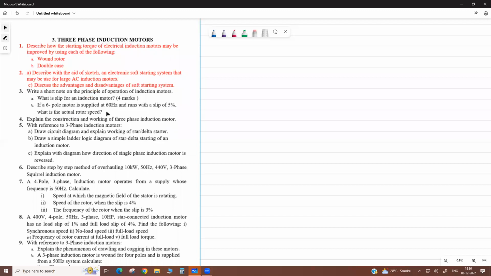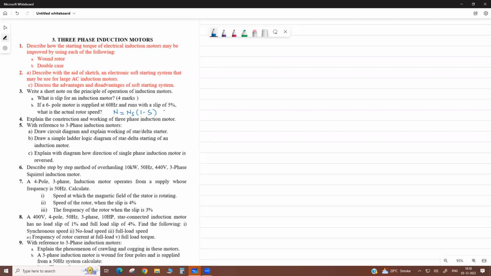A 6-pole motor supplied at 60 Hz with a 5% slip. What is the actual rotor speed? You can solve this, it is very easy. He is asking the rotor speed, which equals synchronous speed into 1 minus slip.